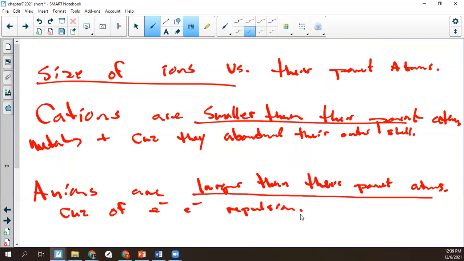The more electrons you have, the more space they must occupy because they push everyone around. Okay, you can see that at the dance. The more people that come, the more space we need. It's just common sense, right? And they push each other around.